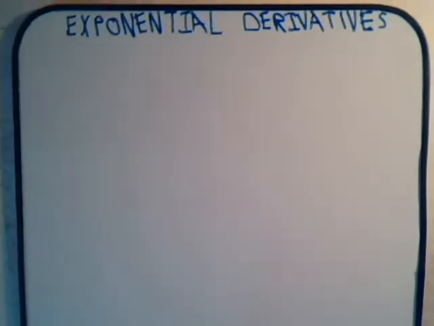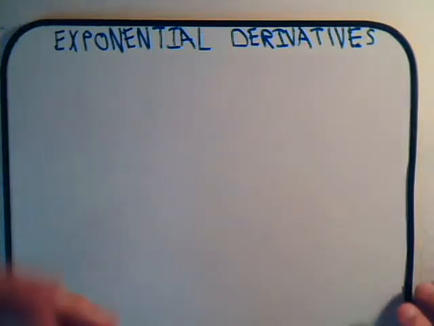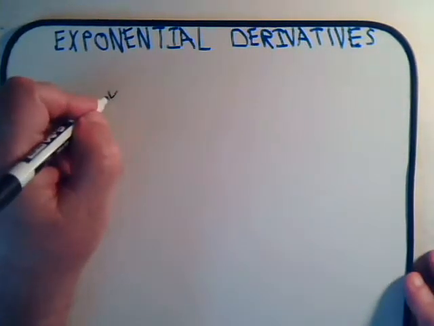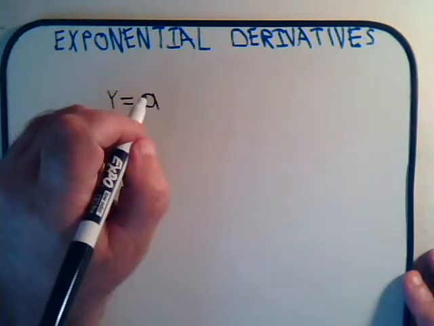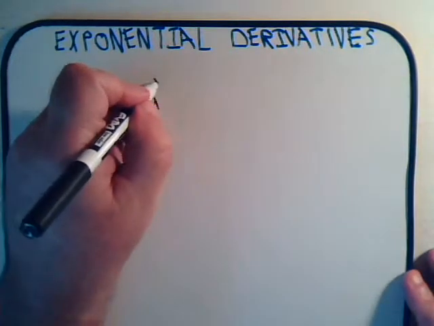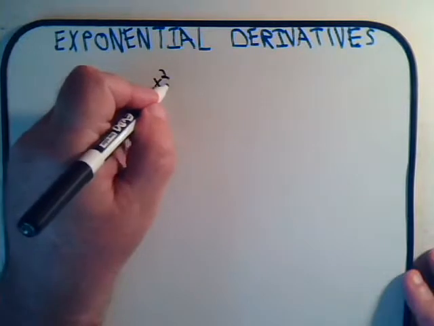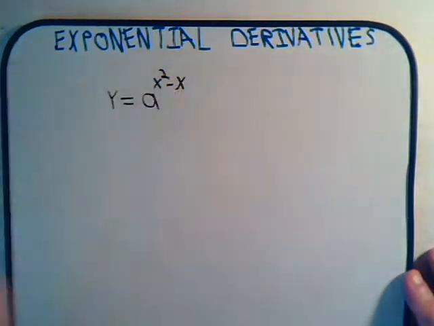Let's see if we can tackle something maybe a little bit more involved before we close out the video. Suppose we have this. y equals a to the, say, x squared minus x power. And we want to find dy/dx.